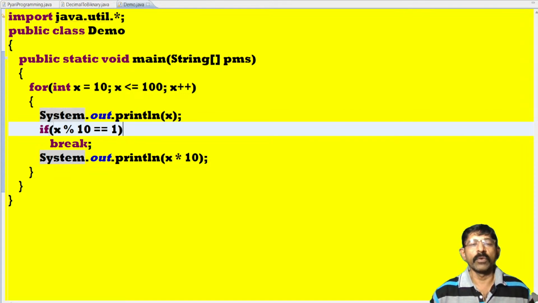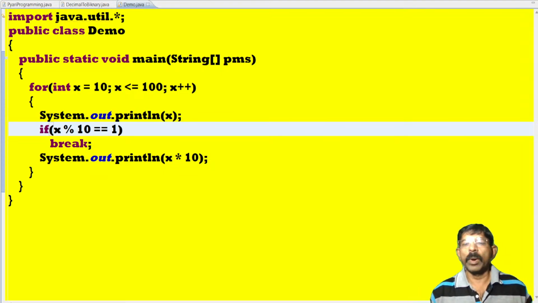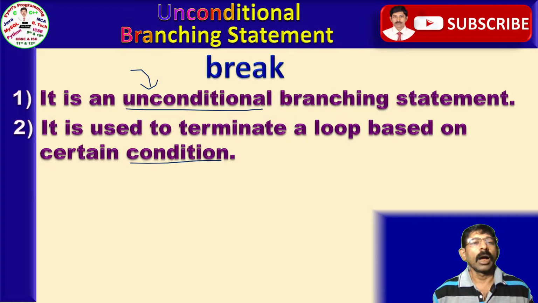Hope I am clear to everyone with the first and second point, which is most vital for assertion and reason. If you are unable to understand, ask me so that I can explain it again.